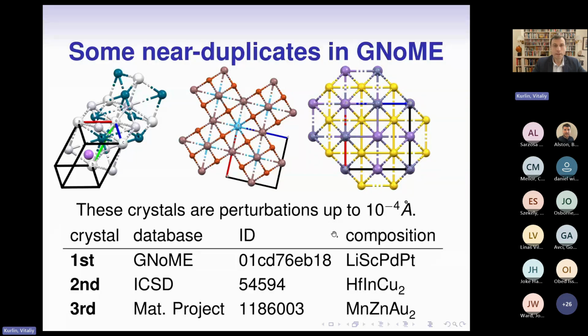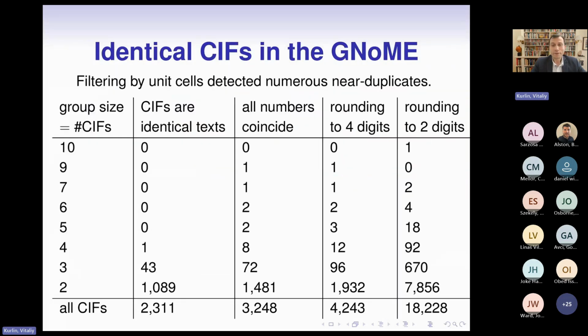small amount. Now, even without any perturbation, what we found in the GNoME was a quadruple. Here group size 4 means that there was a quadruple of files, different entries in the database, where CIFs were identical as texts. 1 quadruple, 43 triples, and more than 1,000 pairs.